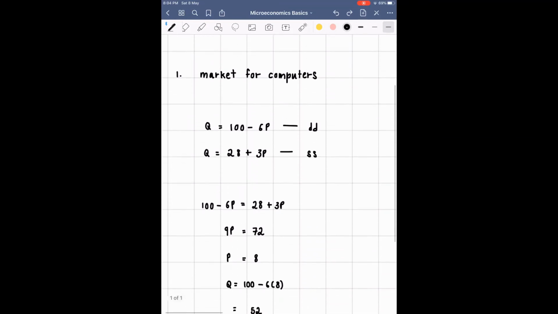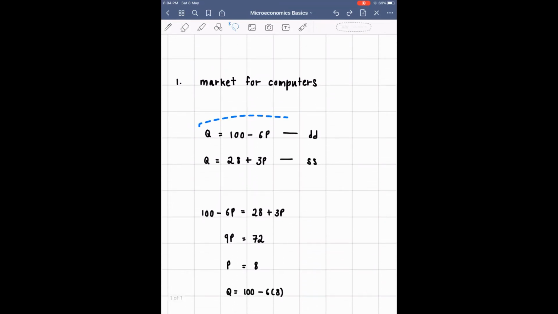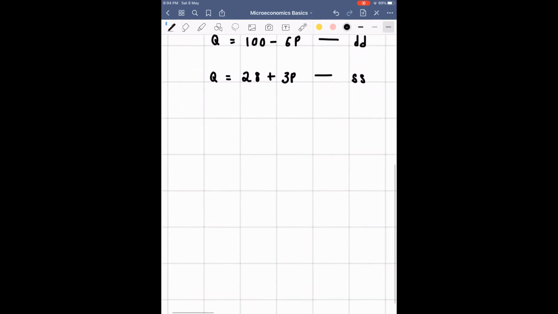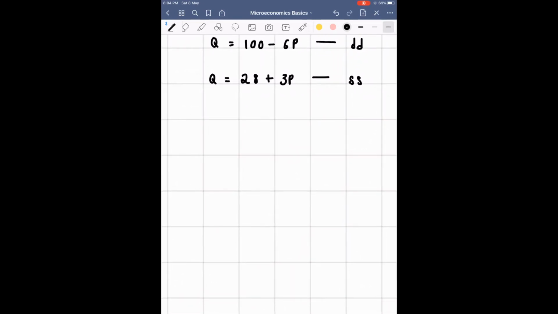I'm going to start by copying down my equations over here, because I will need this to express it in terms of inverse form. So this will be a practice of how you can express the regular function in terms of inverse. Let us start with the demand function. We're given here that Q is equal to 100 minus 6p. Let us change this to the inverse form.